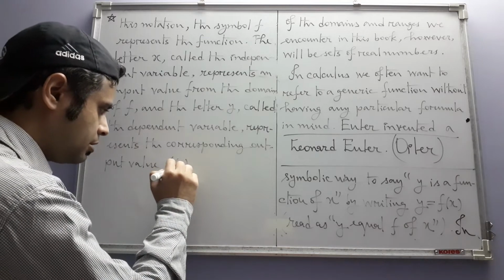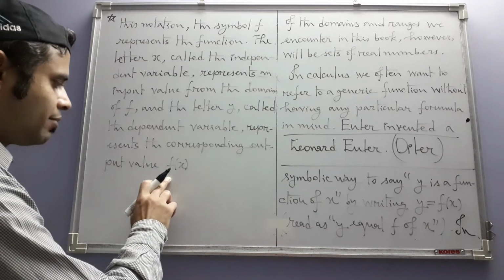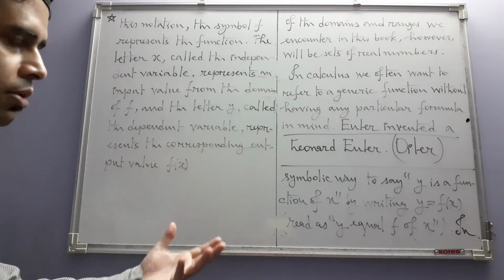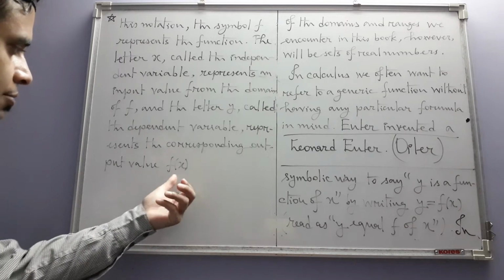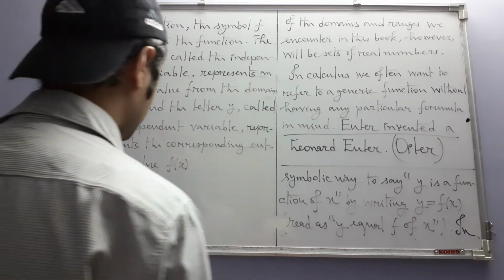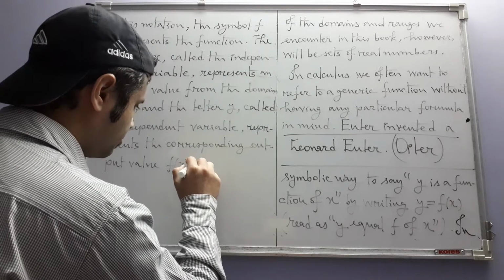Whenever we see this symbol, don't read fx, okay, always read f of x, the f value of x, or the functional value at the point x, represents the output value f of x in the range of f.